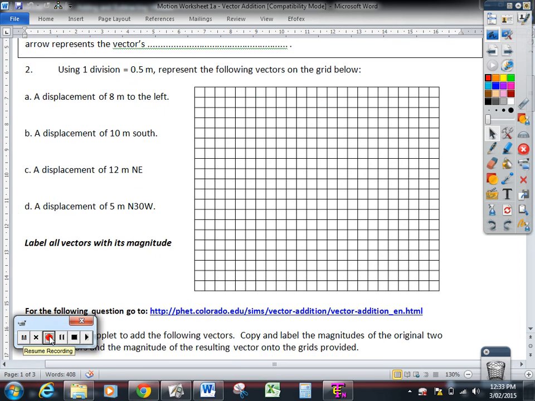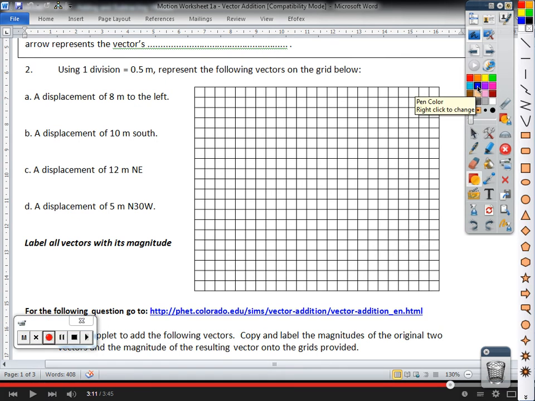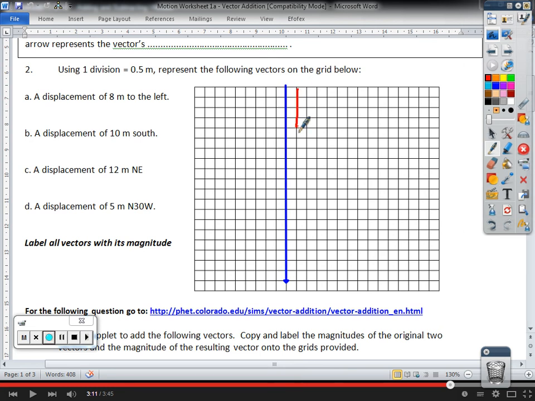Okay, that's just corrected. The next one was a displacement of 10 south. This requires an arrow to point downward. Okay, so south is another way of drawing that on a page, would be pointing down, and it's going to have 10 units. So you need an arrow that would look like this. And let's just count them. 1, 2, 3, 4, 5, 6, 7, 8, 9, and one little bit short. 10.